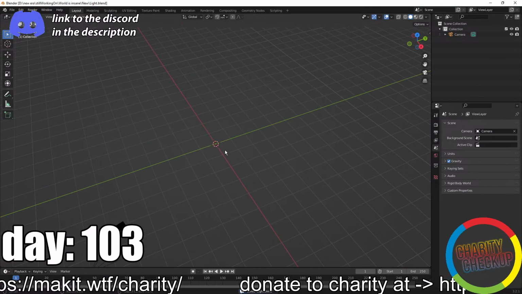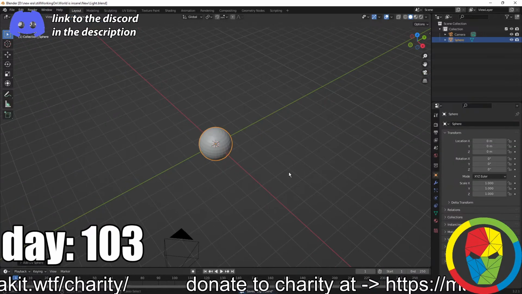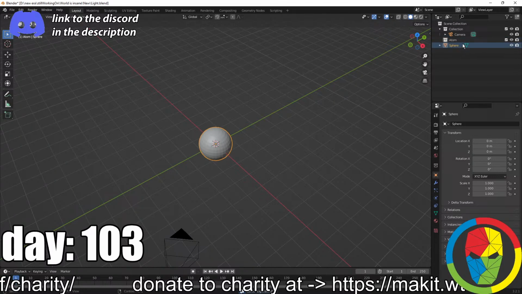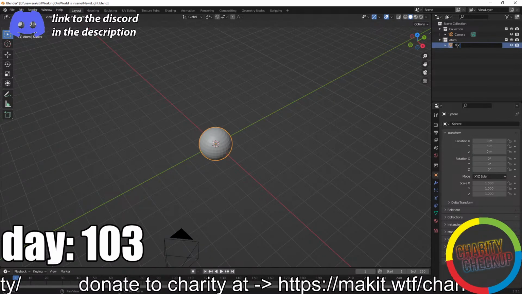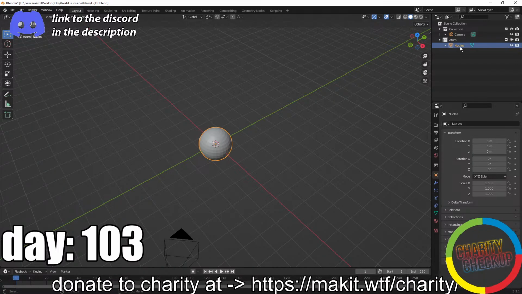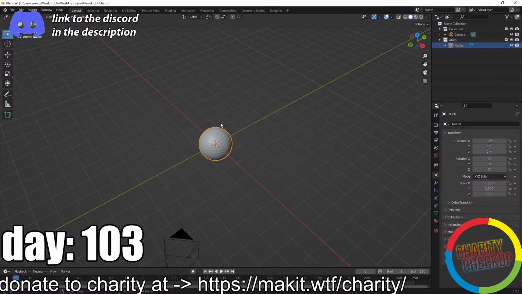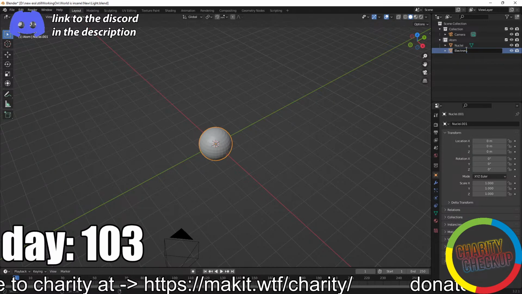There we go. So what we'll start with is just an atom. Now nuclei. I'm pretty certain that's how it's spelled, I think. And electron cloud.